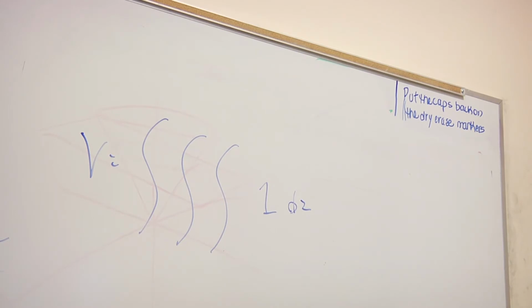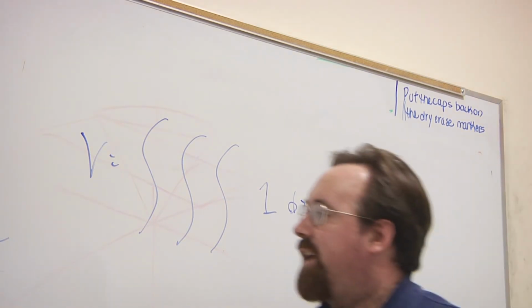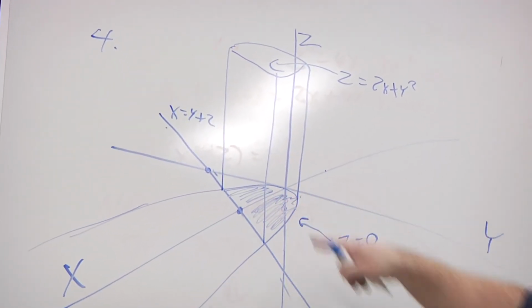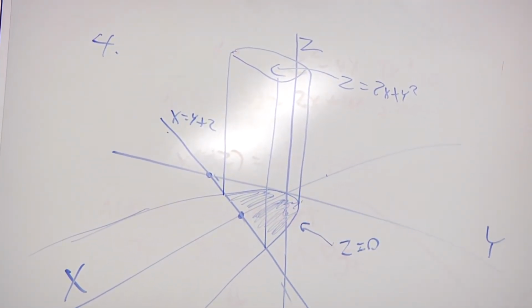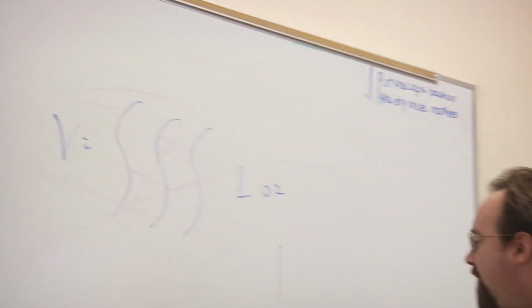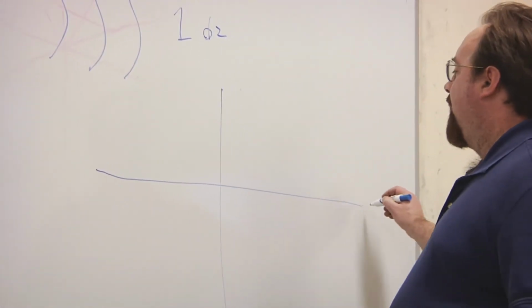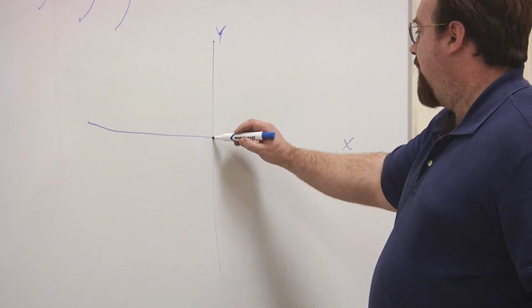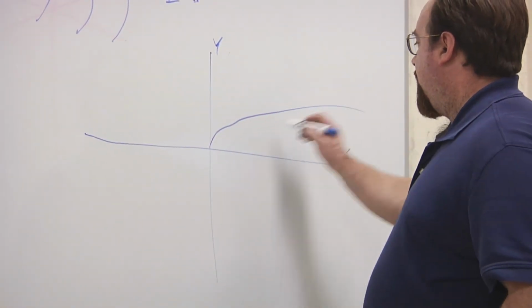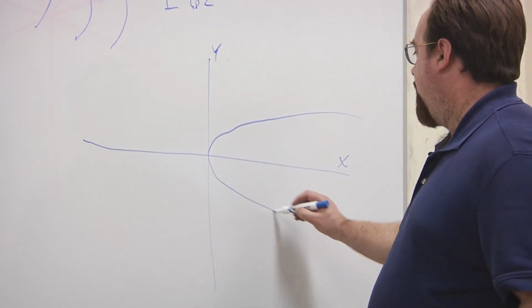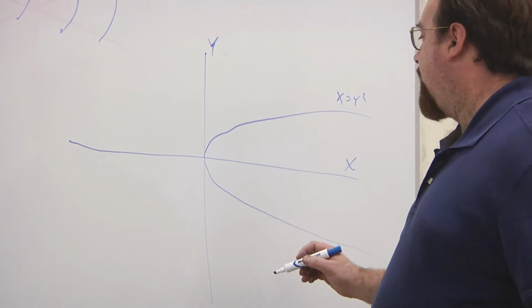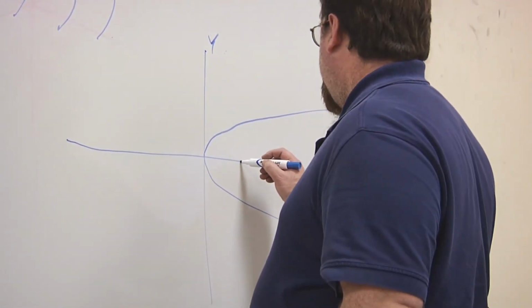Aside from that, to see what to do in x and y, to get those limits, you really should take a closer look at this region. So if we draw that just in the xy plane, so we have x equal y squared, and x is equal to y plus 2.